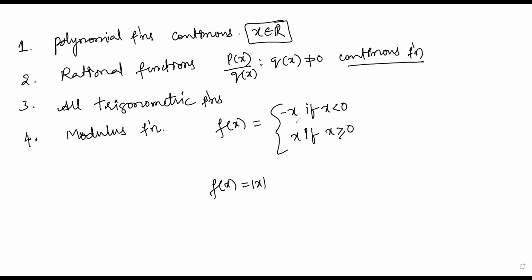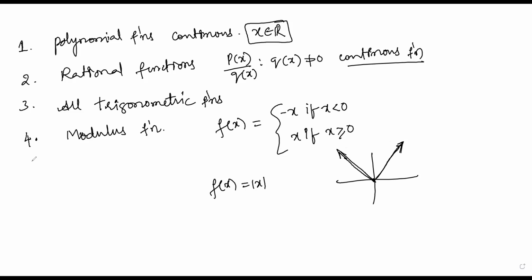So very clearly, if at all you have to have a discontinuity, it is at 0. But at 0, the left hand limit is 0, the right hand limit is 0, and the function value is also 0. So you can say this is a continuous graph like this. It is continuous, there is no gap.